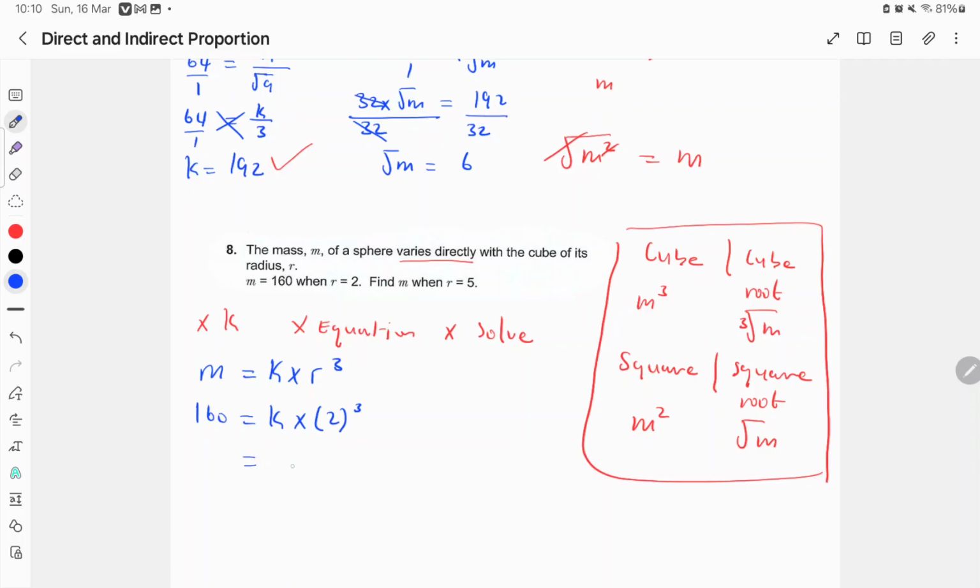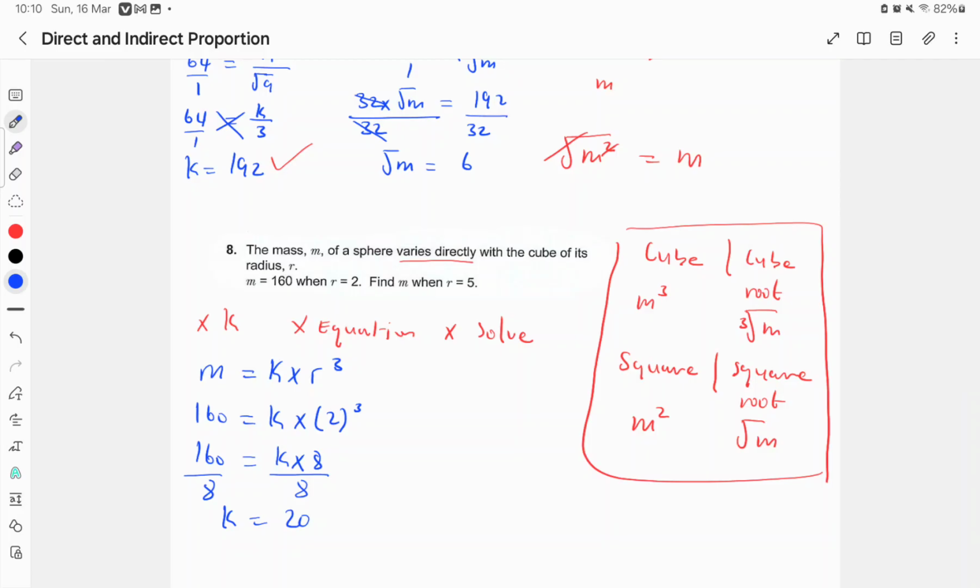You can see that it's gonna give you k times 8 equals 160. Then you divide both sides by 8. So 160 divided by 8 is 20, so k should be 20.